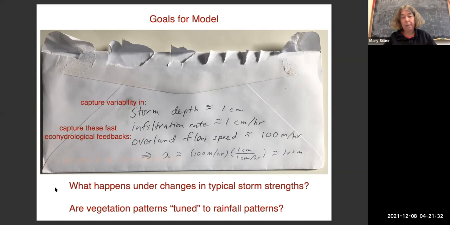And I'm also, based on these kind of crude estimates, wondering the extent to which these vegetation patterns may arise under one kind of rainfall pattern, and to what extent are they perhaps sort of tuned to that rainfall pattern. So those are the questions.